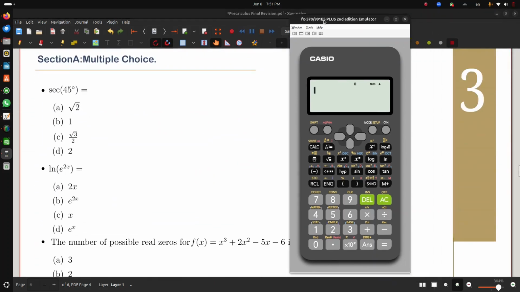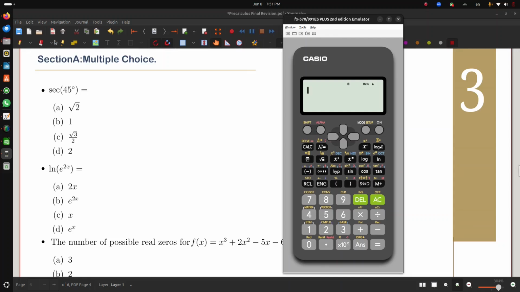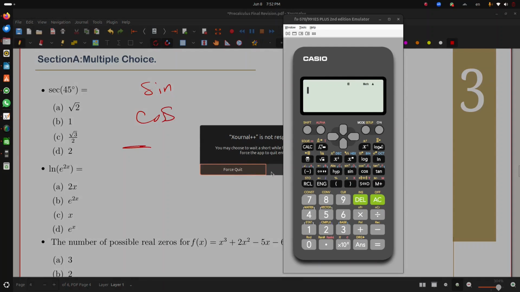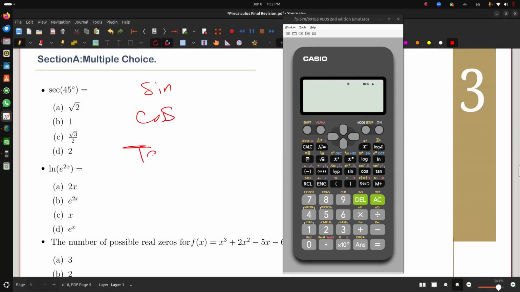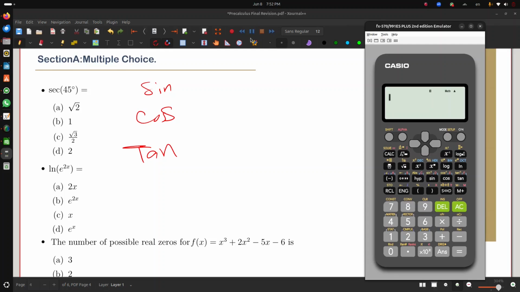Secant of 45. Okay, about this one, you can use your calculator, but you cannot find secant because you have only sine or cosine or tan. But you have 3 reciprocals for these functions.